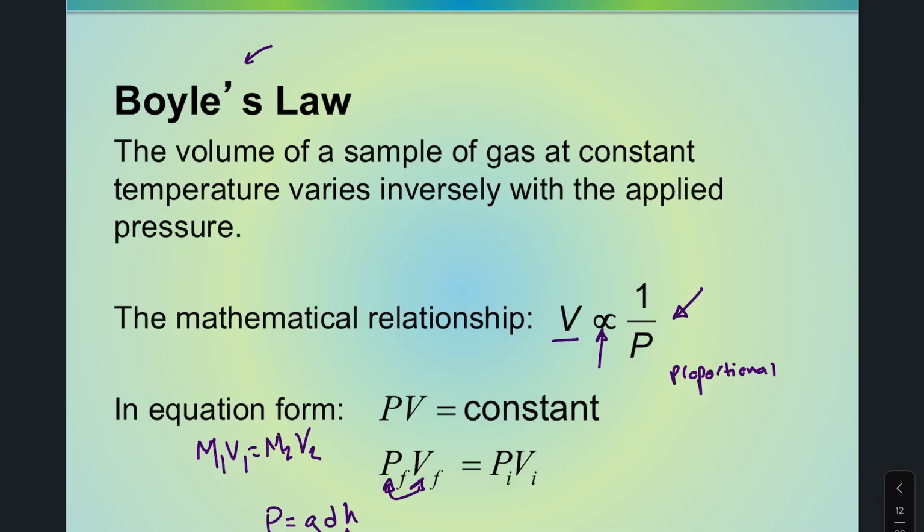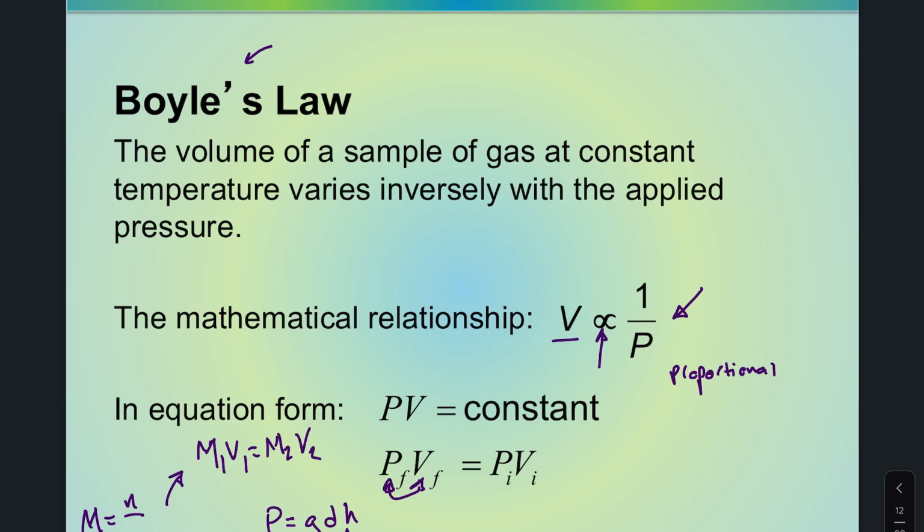And so in the same way that we were able to get M1V1 equals M2V2 by rearranging the idea of molarity, where molarity is equal to moles over liters, I guess we can use N for moles, so N divided by L. And we set 2 of these equal to each other once we rearrange it to get M1V1 equals M2V2.